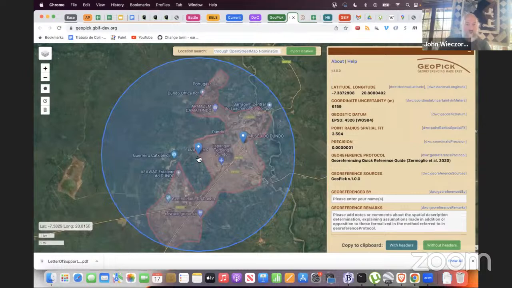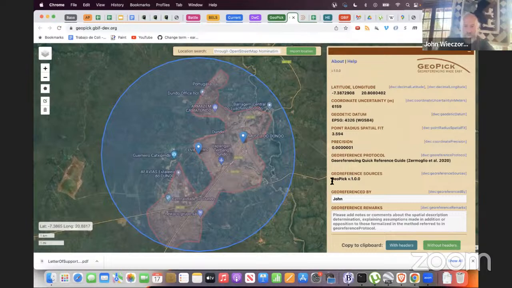You can see the difference of this choice of polygon for the town versus what I did quickly with Google Earth, which was all up here. None of the rest of this was part of Dundo. So if I were to do this georeference, I'd put in my name here, and I would put in a remark.